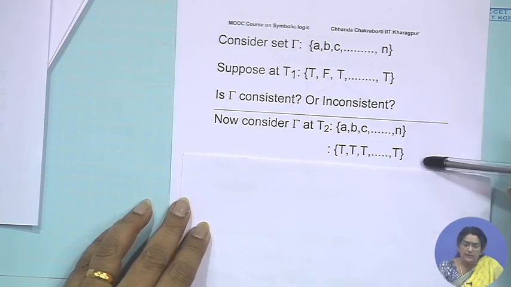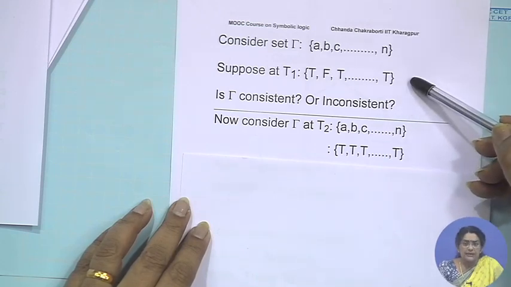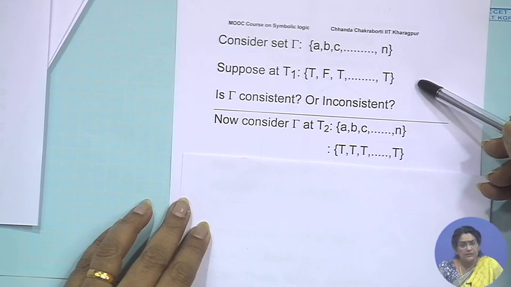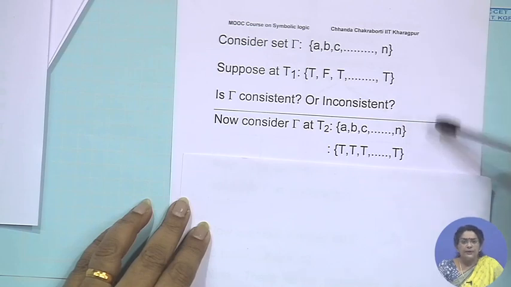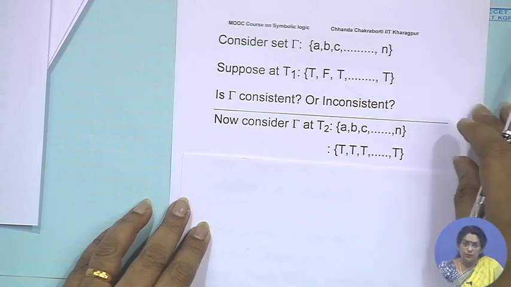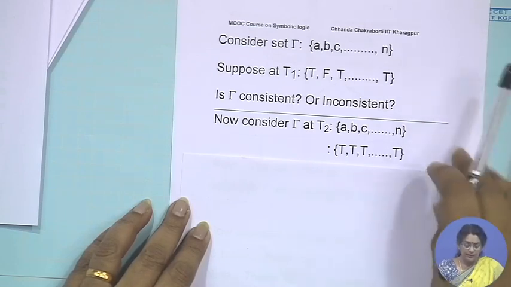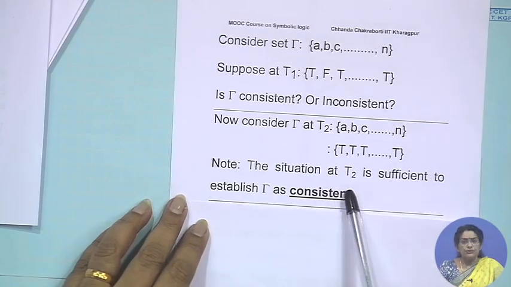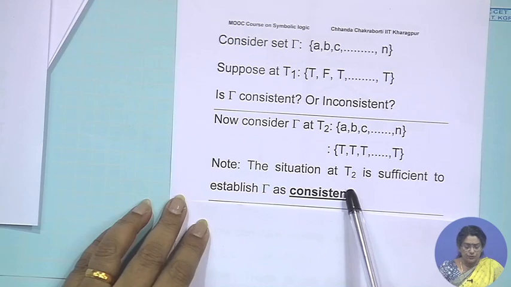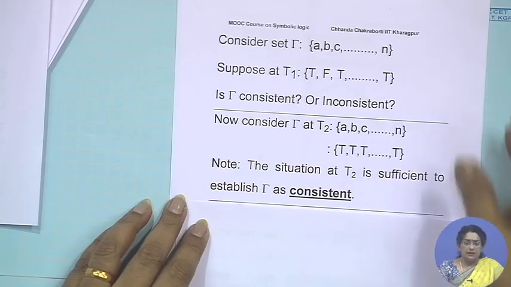So, what you found is that at t1 gamma was not consistent, but at t2 gamma is consistent. Does that mean that the set is inconsistent? No, that is what I am trying to explain. At t2 what we have found is sufficient to show that gamma has to be consistent.